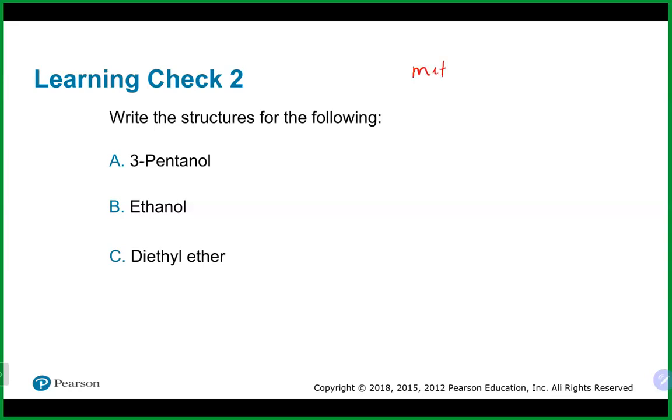Let's do methyl propyl ether, and 4-chloro-3-hexanol.